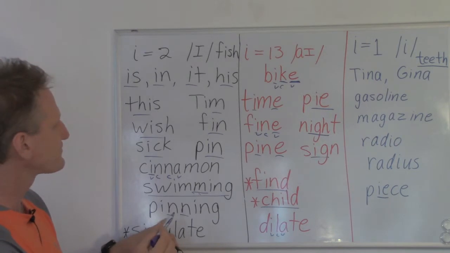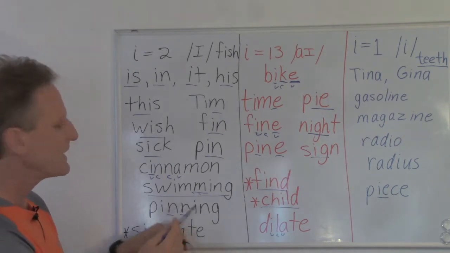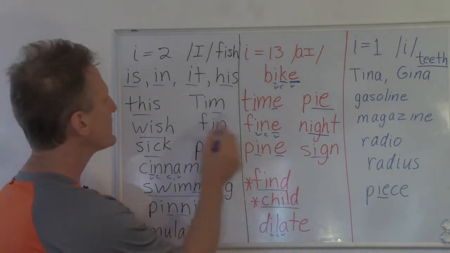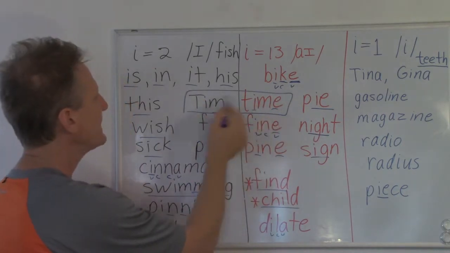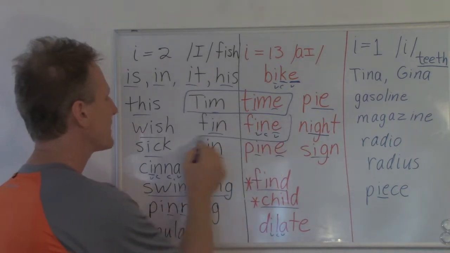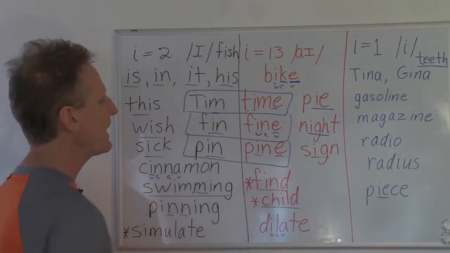If we had only one N, it would look like pining, and pining is a word. So here we see the difference between a silent E and no silent E. Tim, time. Same thing here. Fin, fine. Same thing here. Pin, pine.